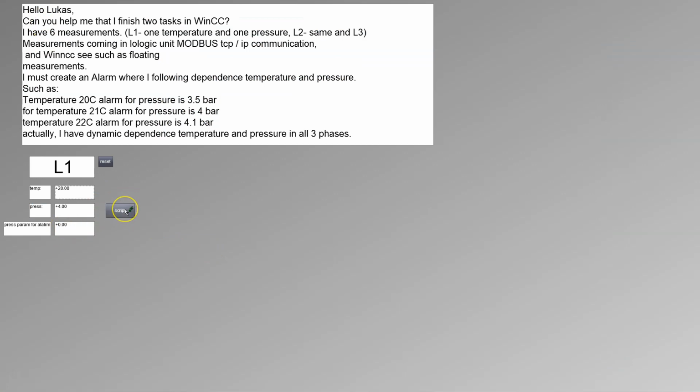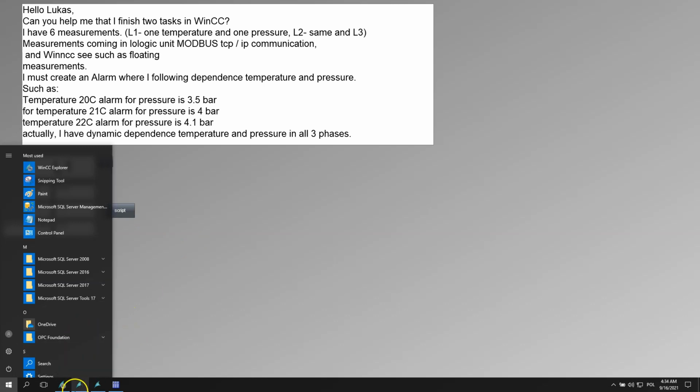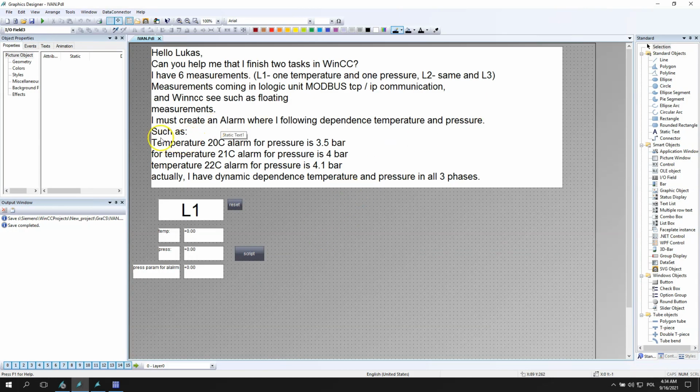The 0 is right now, after I click, is 3.5. After I have the 18, it's still 3.5, but after I click 21, I should have the different param. Okay, I have. This is the first stage, of course, because this is the dependence.